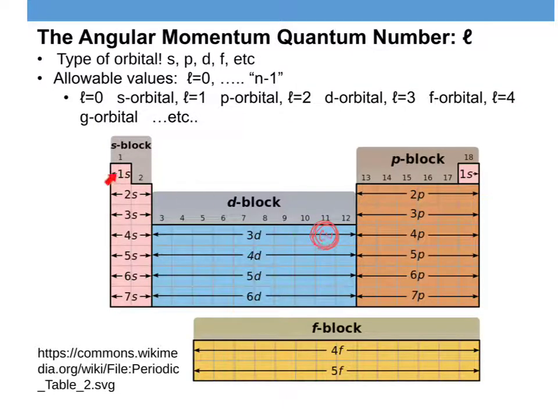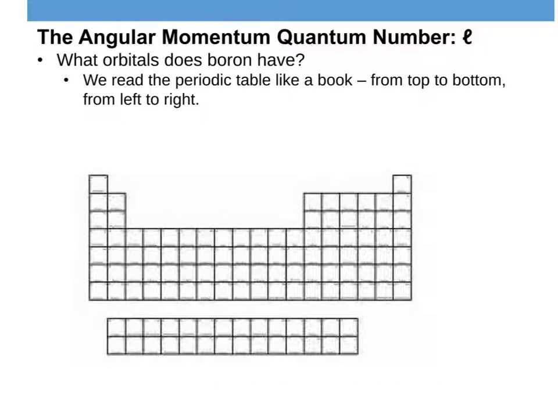So copper has 1s, 2s, 2p, 3s, 3p, 4s, and then 3d up to here. But it doesn't use a 5p or a 5d or a 4f because copper isn't that low on the periodic table. We're going to start predicting what types of orbitals the elements have and which orbitals are being filled by electrons.